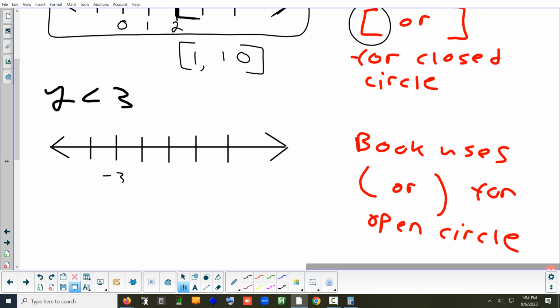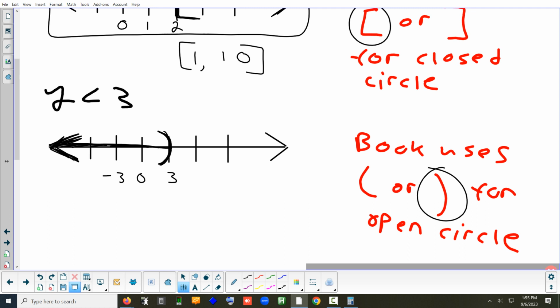So, back on the line, same deal. You've got to put the parenthesis facing the way you're going to shade. Which way did we shade in this one? Yeah, towards the left. That's that simple. So parenthesis facing left, and draw your arrow, just like that.